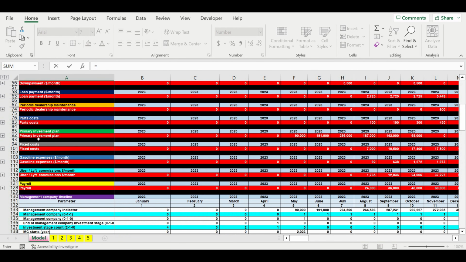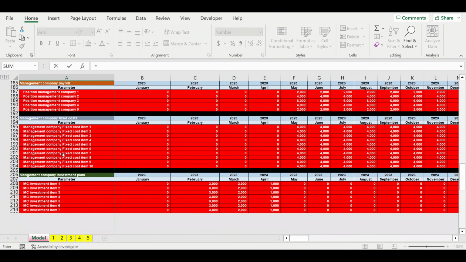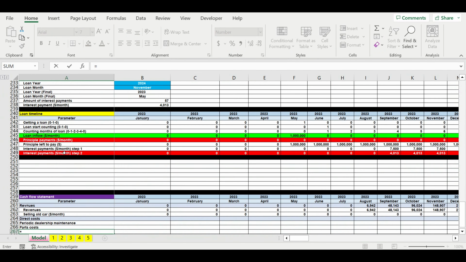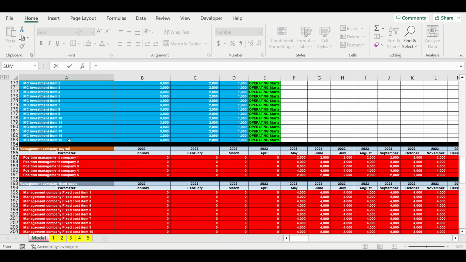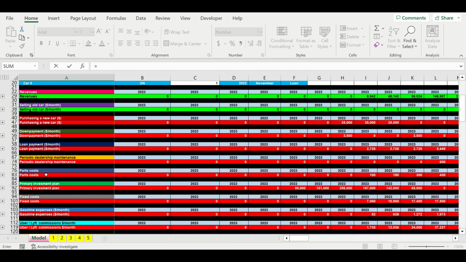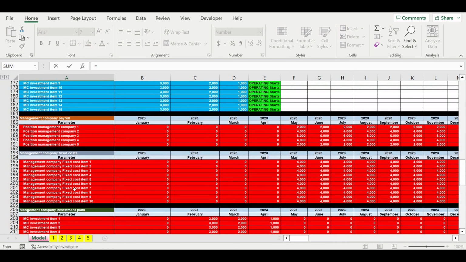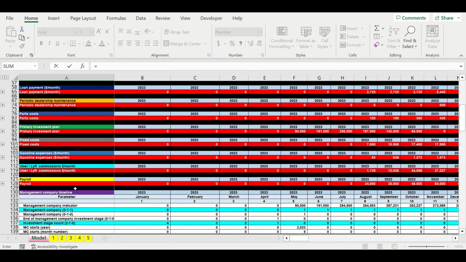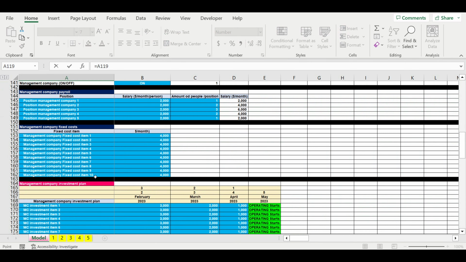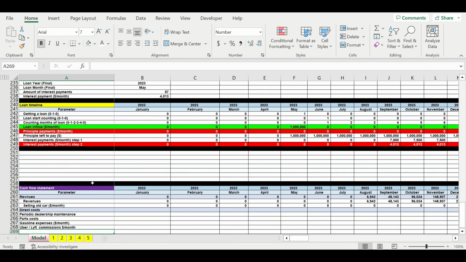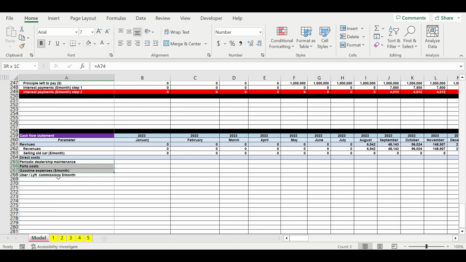Parts, they do exist already. What else? Primary investment plan, fixed costs, gasoline expenses, then commissions for Uber and Lyft. Okay, now let's extrapolate it.